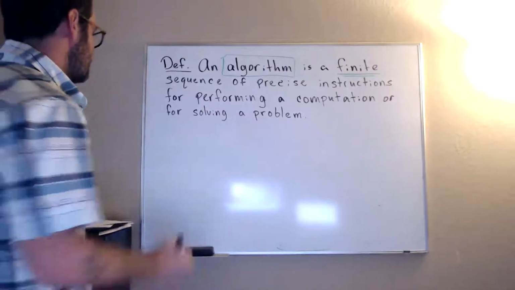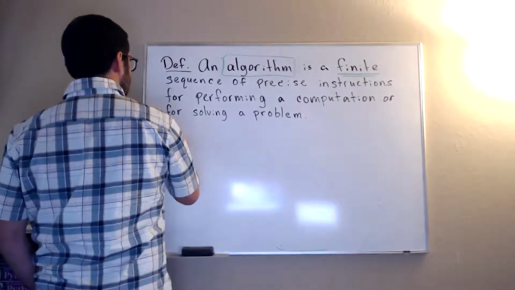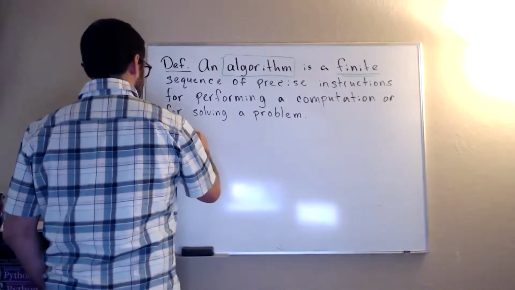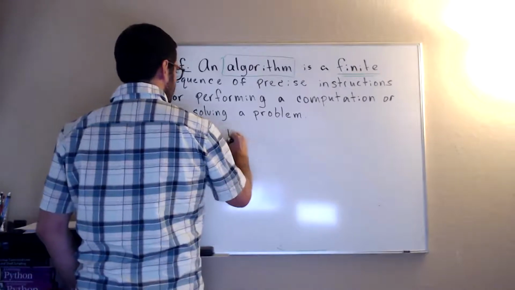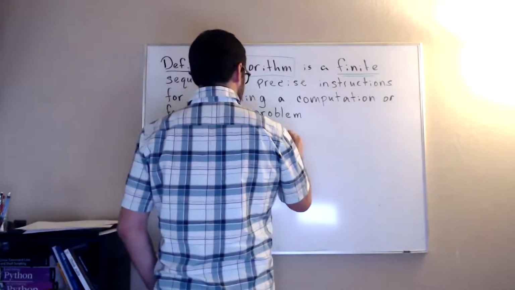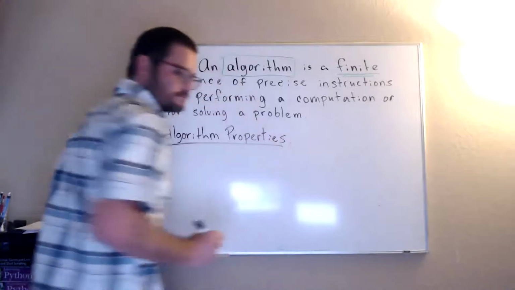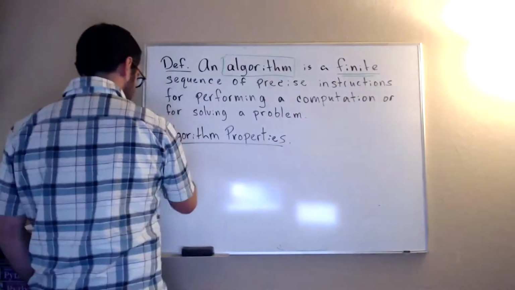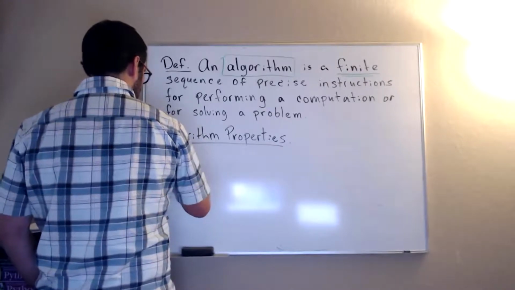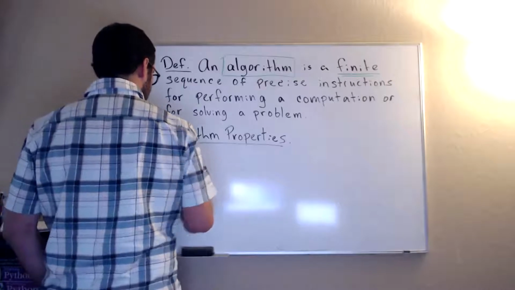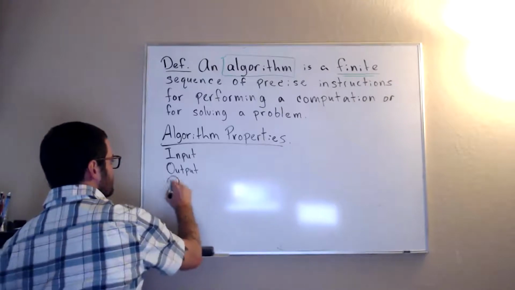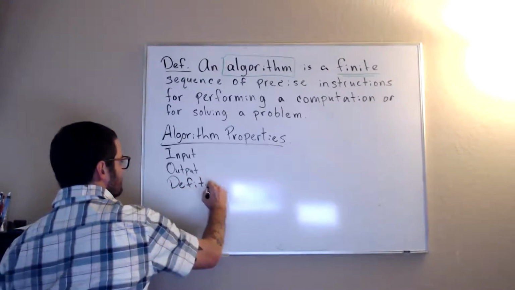Okay, so the properties of an algorithm. Every algorithm is going to have an input, output, and it should have the property of being definite.